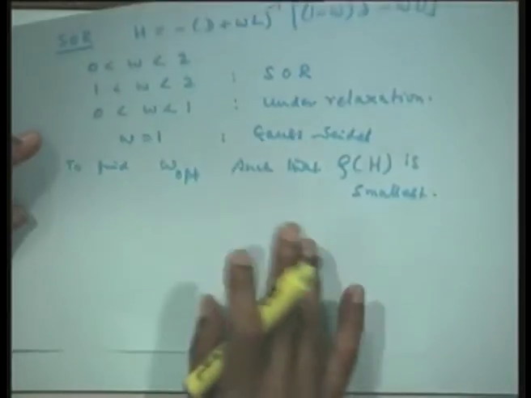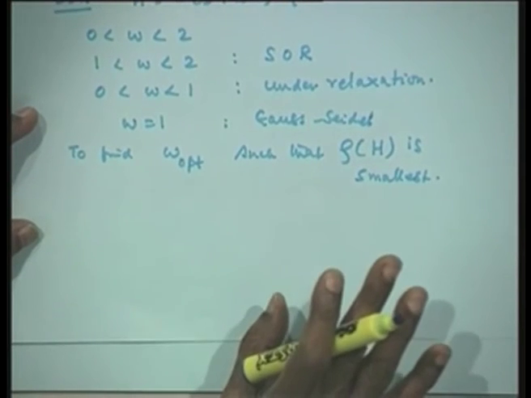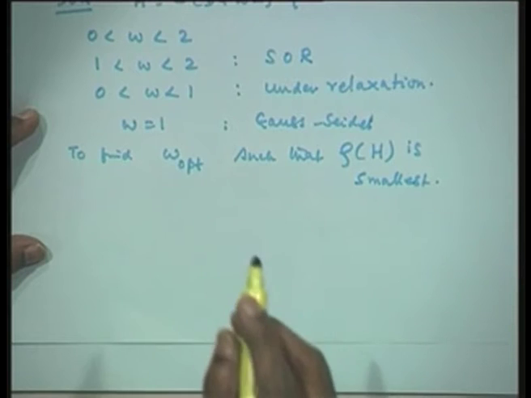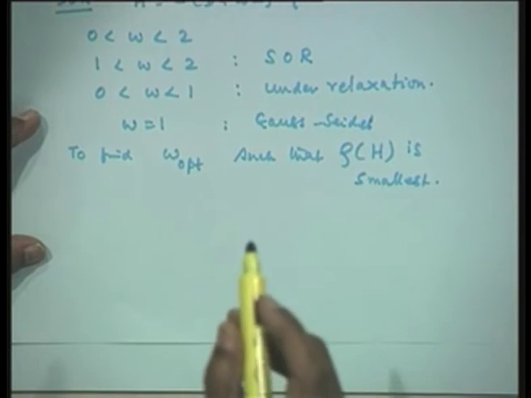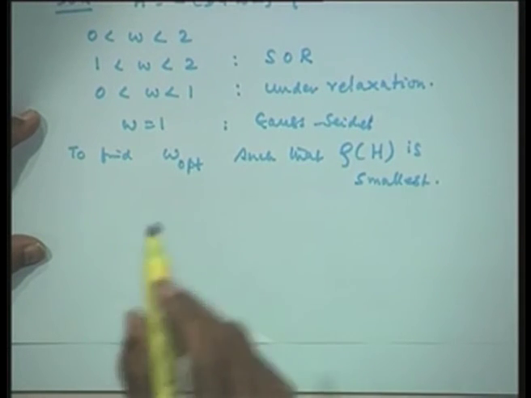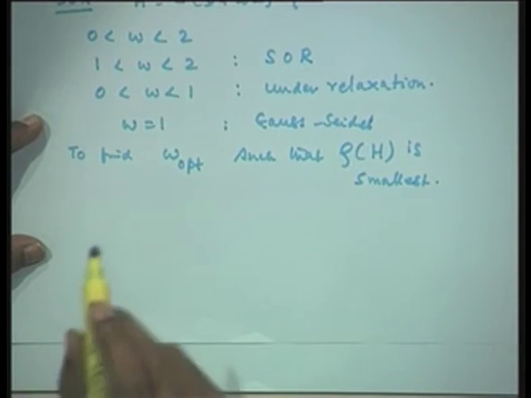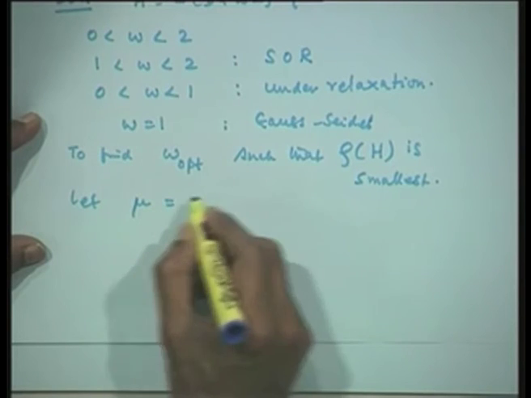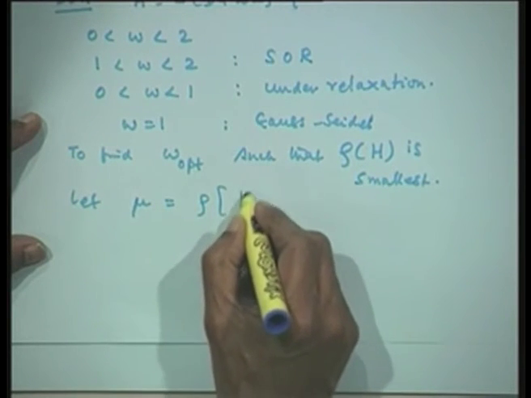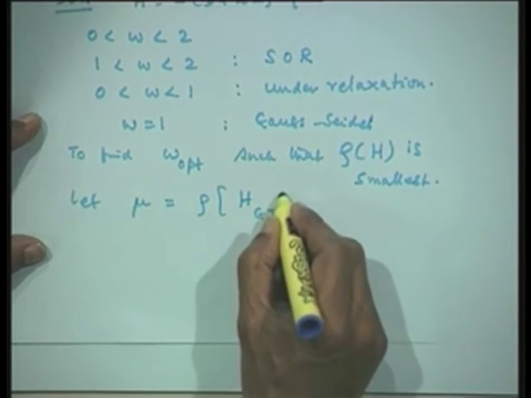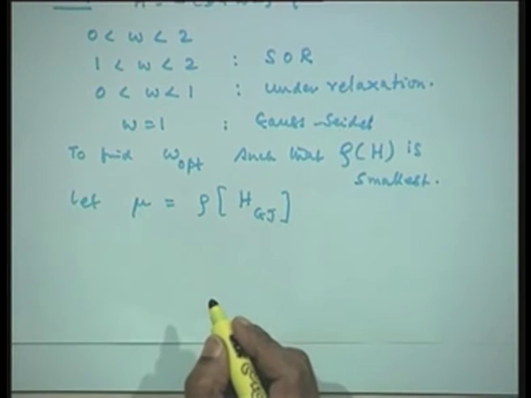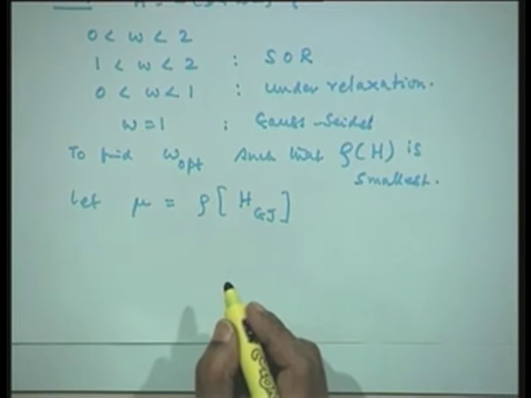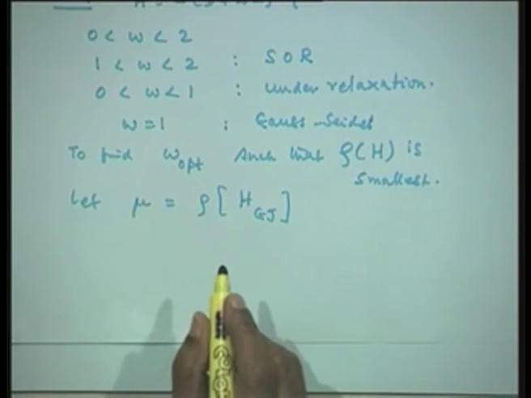I will not give the detailed analysis of this, but I will give the result. The omega optimal connects with the iteration matrix of the Gauss-Jacobi and its spectral radius. We will denote by mu the spectral radius of H Gauss-Jacobi. That means we can construct the Gauss-Jacobi, find its spectral radius, and call it mu.